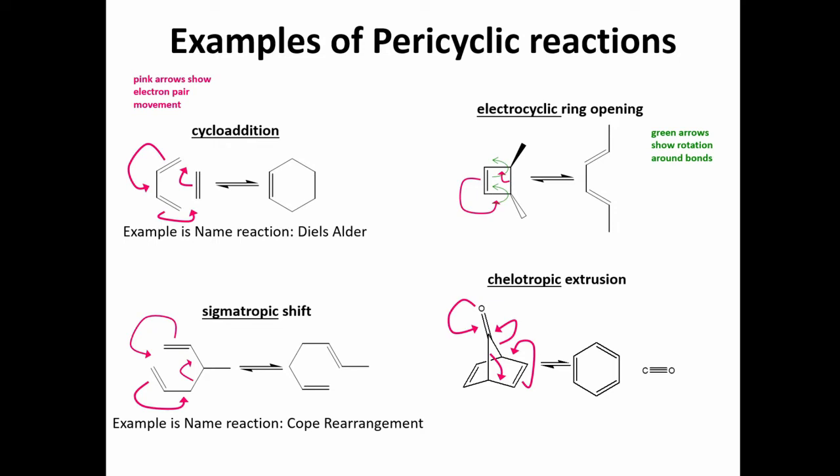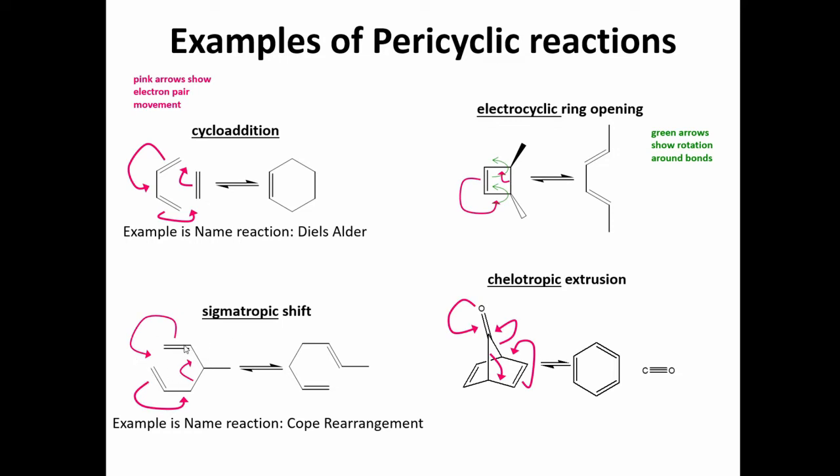Here are examples of those 4 pericyclic reactions I just mentioned. A cycloaddition is really a Diels-Alder reaction, where we have 2 different alkenes and combine them to make a cyclic alkene. In an electrocyclic ring opening, we break a cyclic structure in order to form an alkene structure.